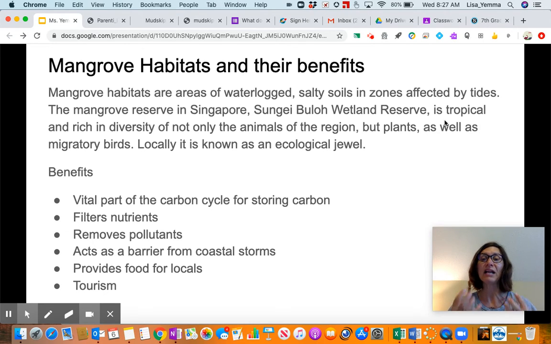Costa Rica put a lot of its energy into education, because if they could help their kids and their population understand the role of the rainforests and understand the role of ocean ecosystems and turtles nesting, then the people will want to take care of it. And if people want to take care of it, then they can work for the tourism company. So that mangrove reserve that we virtually visited is going to hire local people who then can educate foreigners and tourists, as well as their local people.